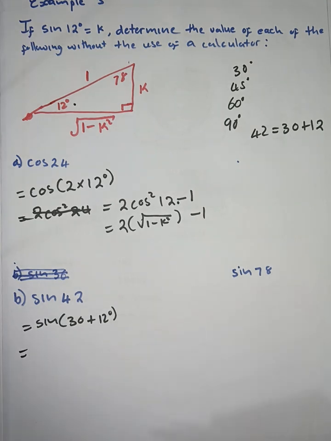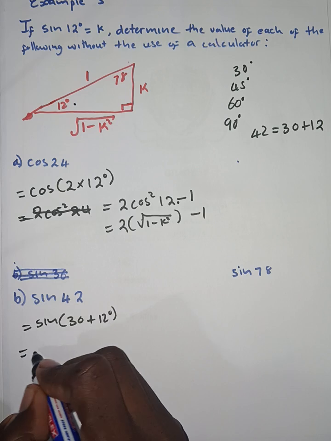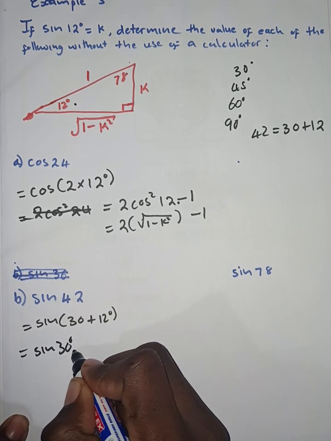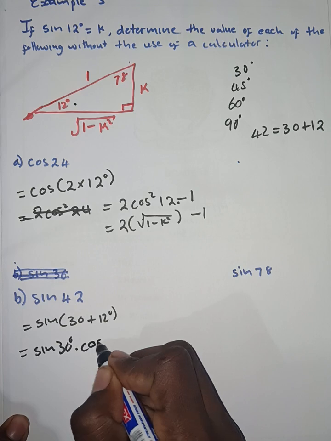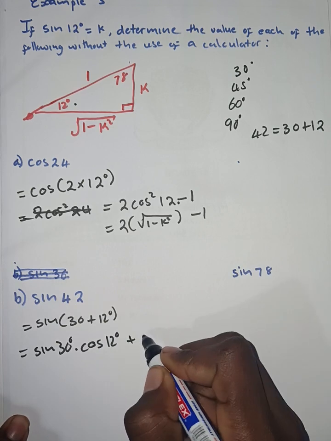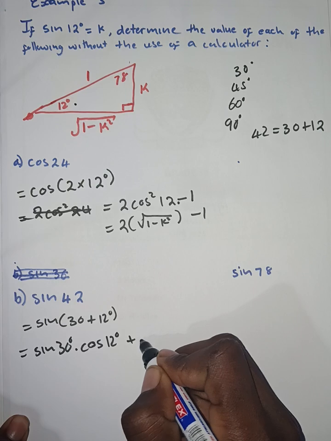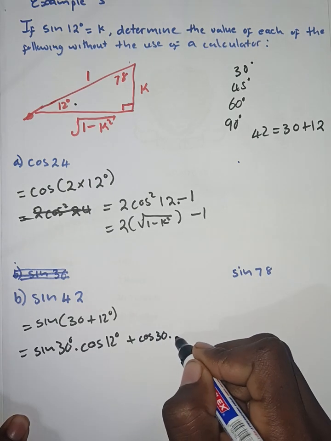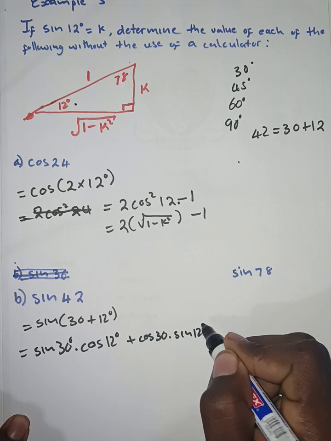I'm going to expand that using the sine compound angle identity. So this would be sine of 30 degrees multiplied by cos of 12 degrees, plus cos of 30 multiplied by sine of 12 degrees.